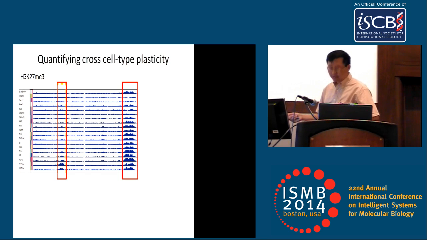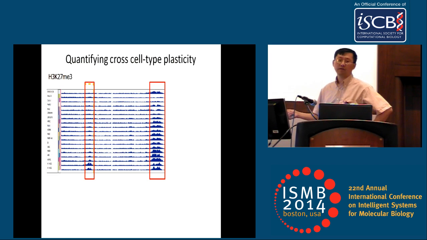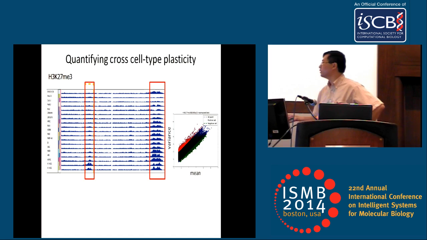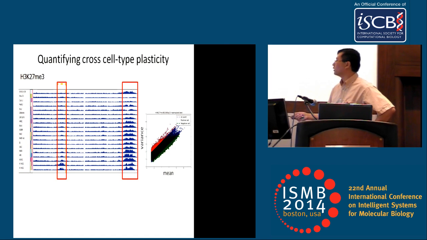One easy way to do this, of course, is to use the variance to quantify the variability. But actually, that's a very bad choice, because if you plot the mean versus the variance of the signals, there is a very strong correlation, as you would expect for the Poisson distribution.